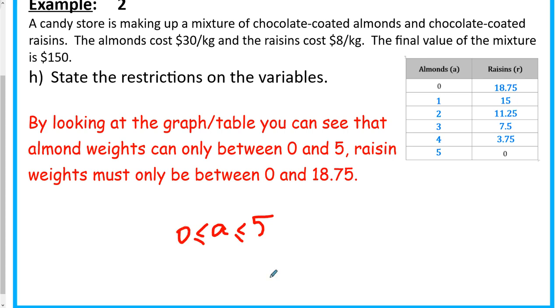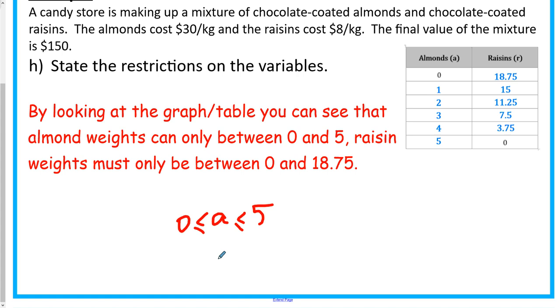Those are the restrictions on A. And the restrictions on raisins: raisins are less than or equal to 18.75, and bigger than or equal to 0. Okay, so there you go.